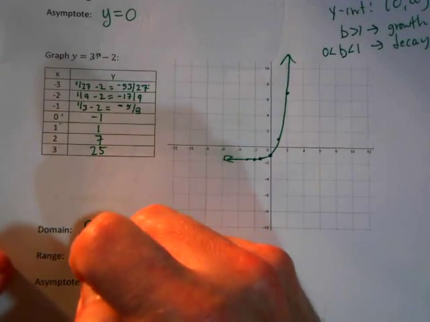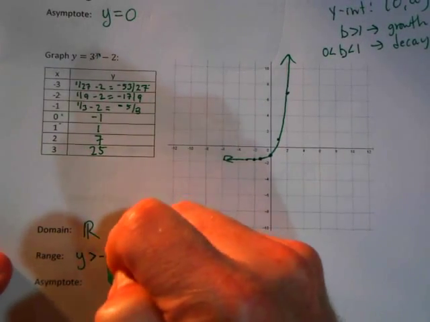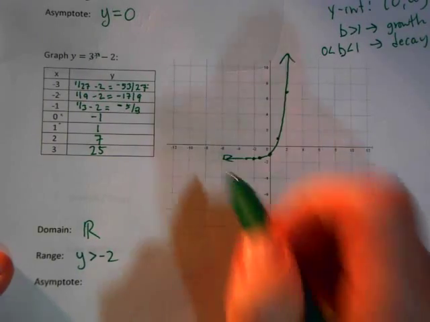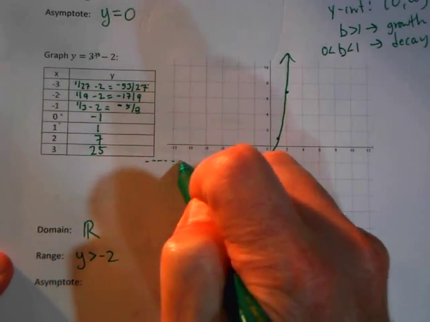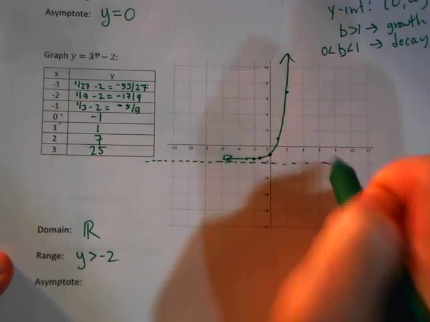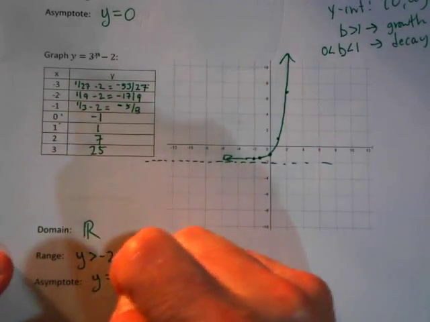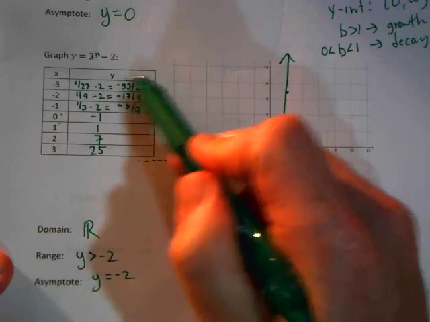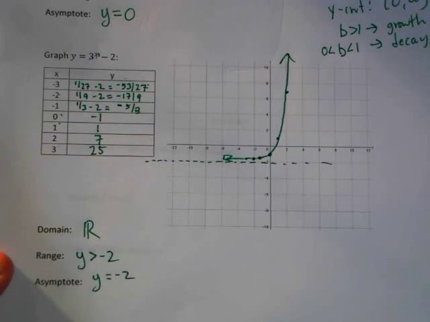So our range is y is greater than negative 2, and then our asymptote we typically draw in as a dotted line like so, is y equals negative 2. Our y values here are getting really, really close to negative 2, but not hitting negative 2.